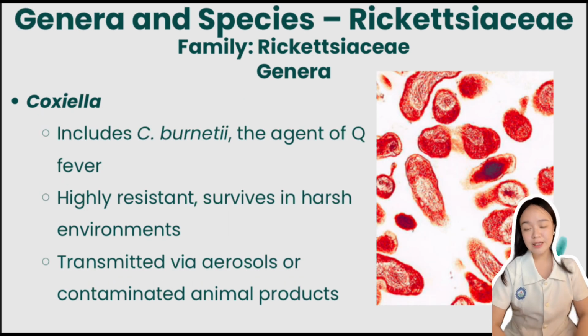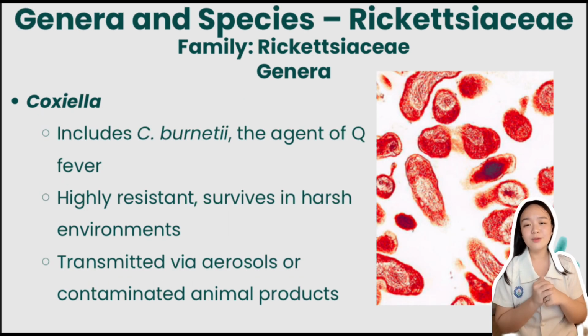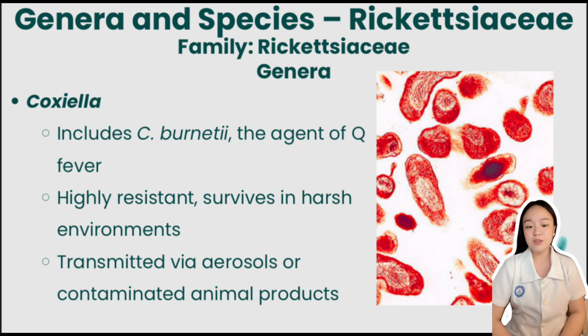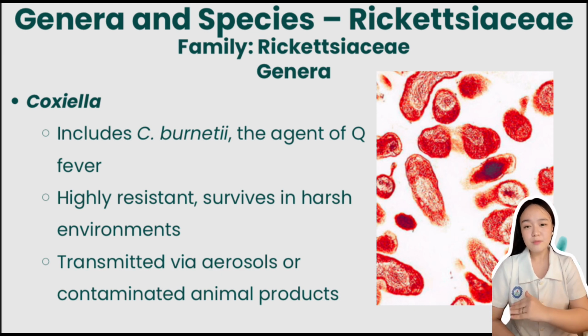Next is the Coxiella, genera Coxiella. So this is the strong one in the genera of the Rickettsiacea. Unlike the other species of Rickettsiacea, this Coxiella is transmitted through aerosols or from dust particles.